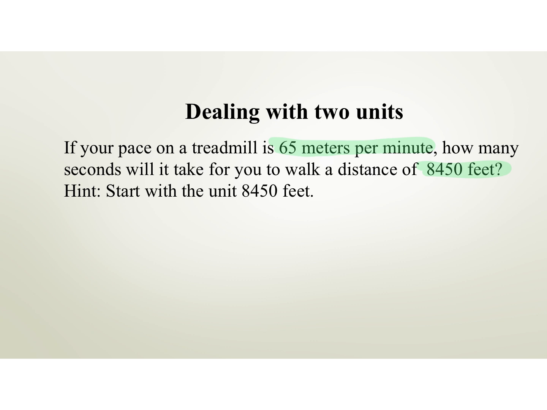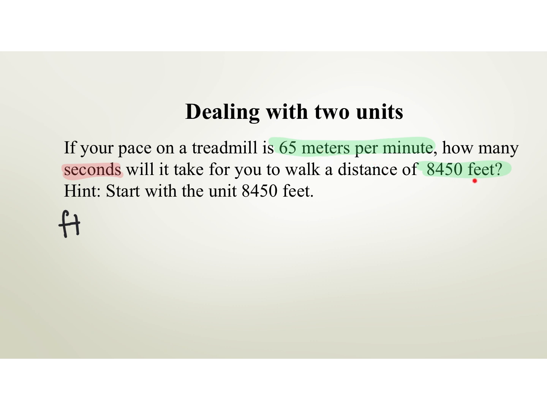So if we start with 8,450, what unit does that mean you have to start in? And eventually, what are we trying to solve for? Seconds. So we're starting in a distance, yet we somehow have to get to time. Well, that's where this number with the 2 units comes in. We're going to use meters per minute to go from distance to time.